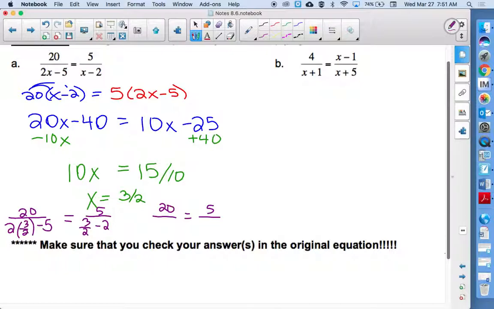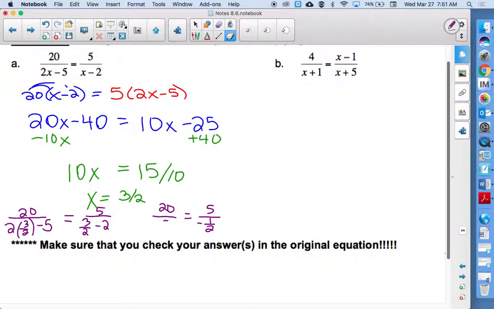So just looking at the denominator part. 2 times 3 halves. Does anybody know what 2 times 3 halves is? Odette? Yeah, that's 3. So we have 3 minus 5. Over here, 3 halves minus 2 is negative 1 half.